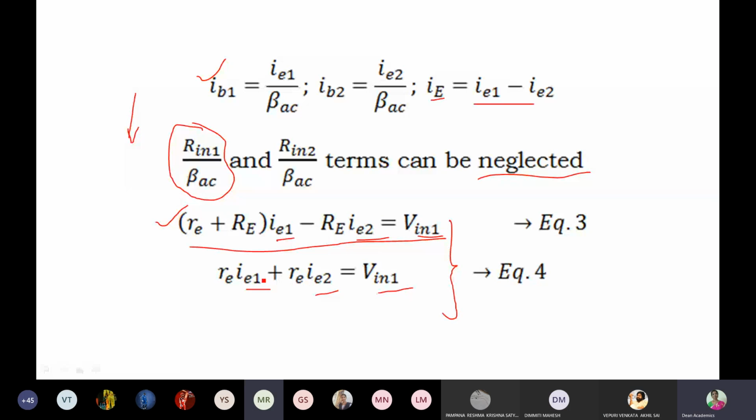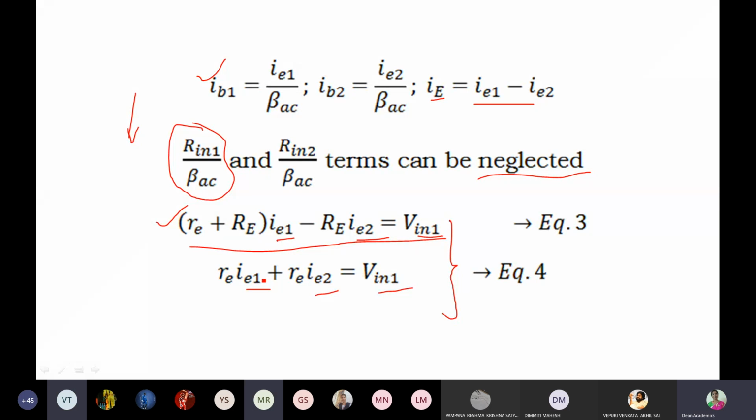Delta 1. Tell me delta 1. Vin1, minus RE, minus RE, Vin1 into RE. Vin2 is not there, no? Now this is only single input. Vin1 only, ma'am. Both the cases Vin1 only. Very good. Then one of you tell me delta 2.